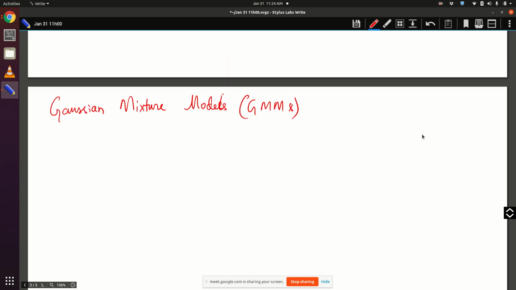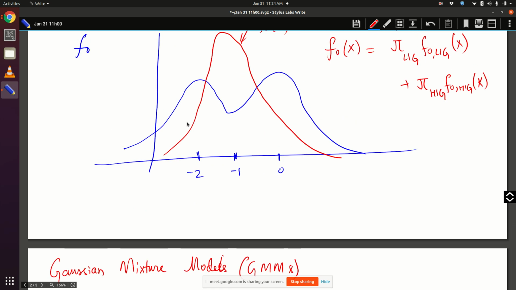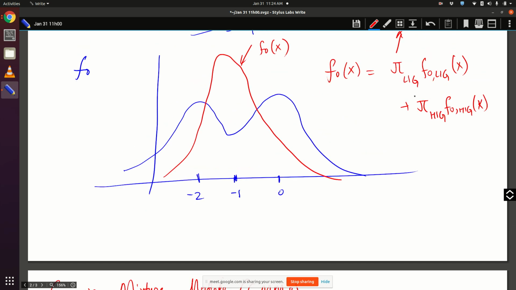Okay, the procedure is the same. Whenever you are given a Gaussian mixture model, you have to estimate all of these parameters. If you had a pure normal distribution, what you were supposed to estimate was P0, P1 and F0, F1. Now you have to estimate P0, P1, F0, F1, but in addition you need to estimate these quantities as well.